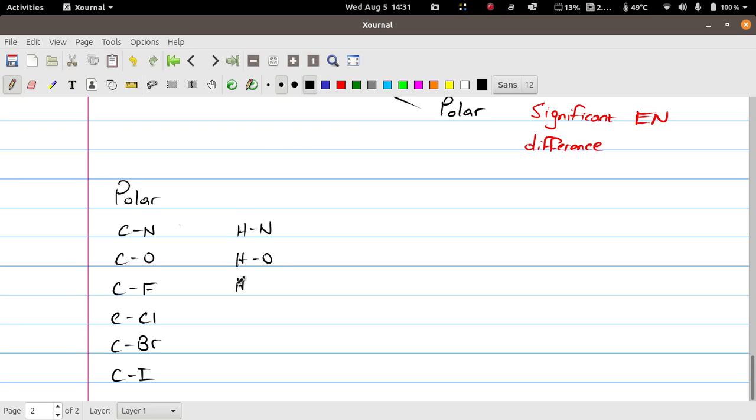Just copy these down as I'm writing them. These are all polar. So you should be able to kind of tell which one's the least electronegative, but I'm going to highlight those in red.